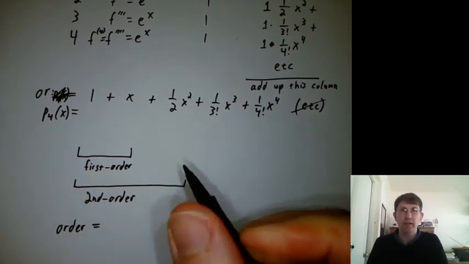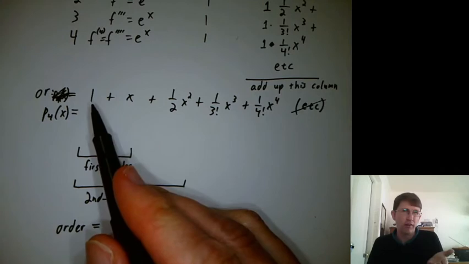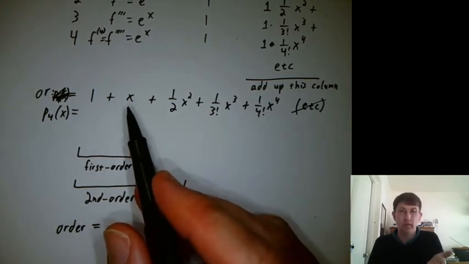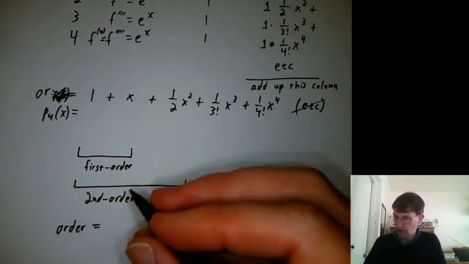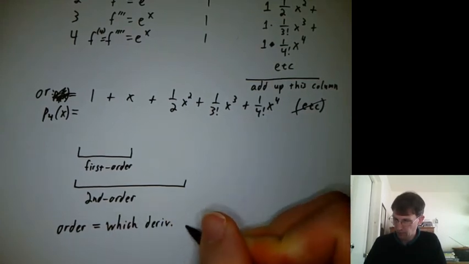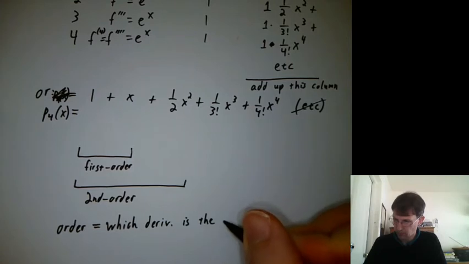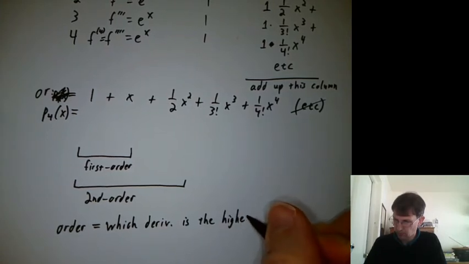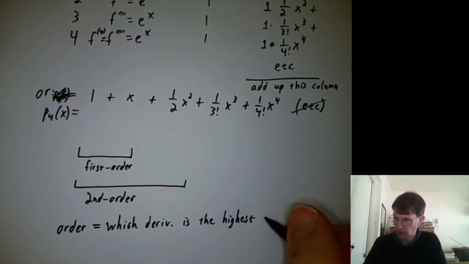Well, it's not exactly how many because we had a 0th here, so you could say which derivative was the last one you did. So which derivative is the highest derivative that you did?